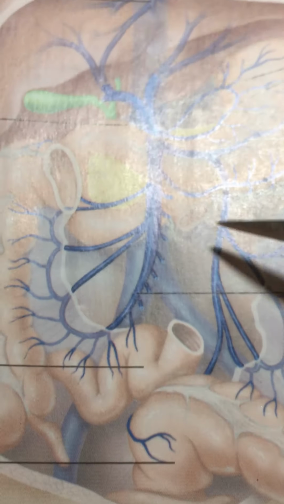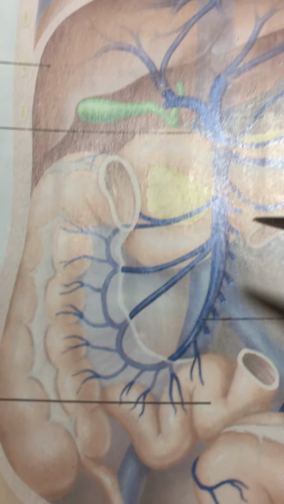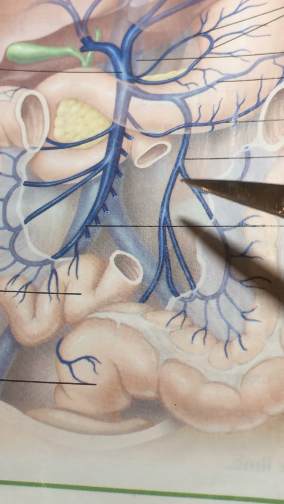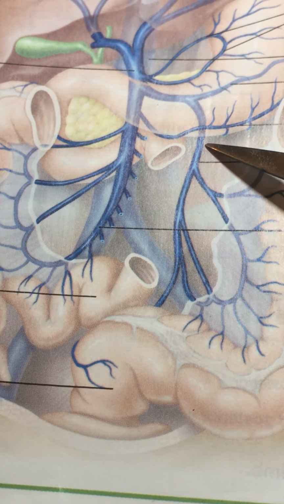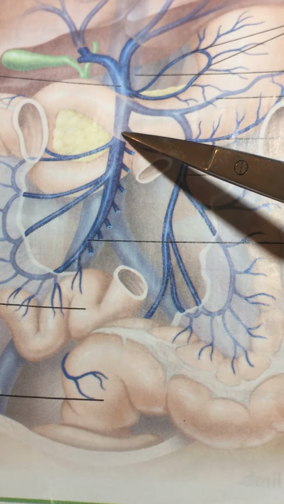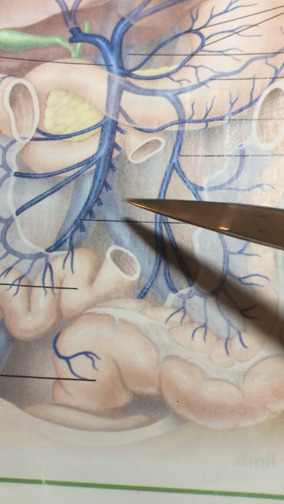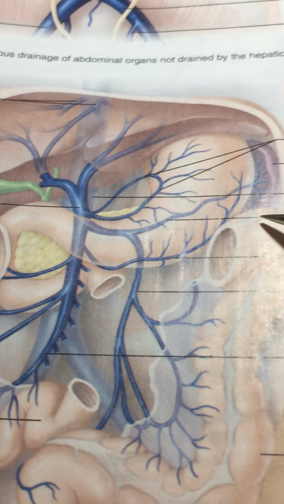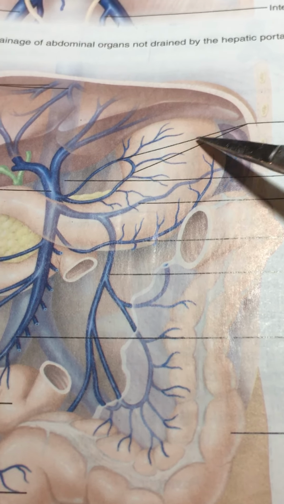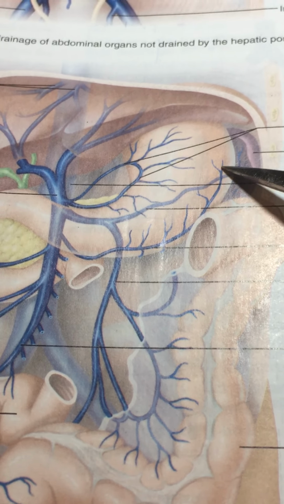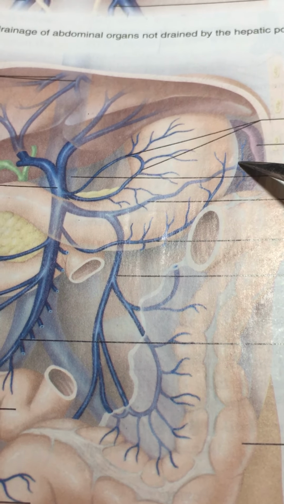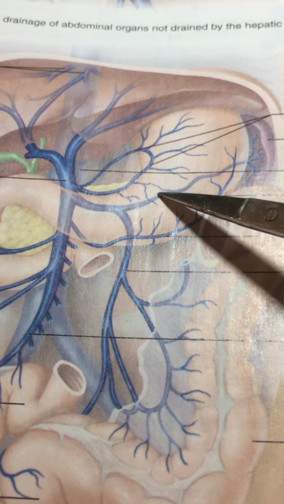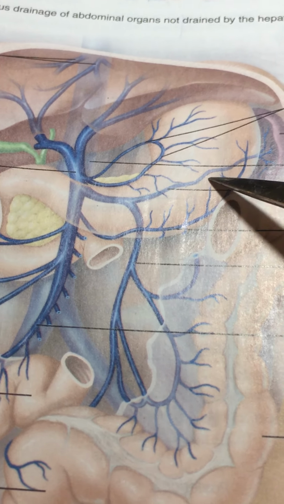Okay, now if we come down to this diagram here, then we get to see how we have our inferior mesenteric and our superior mesenteric picking up all the blood here from the intestines. We have our splenic, here's the spleen over here, hugging the fundus of the stomach, and it's issuing blood this way in the venous system.